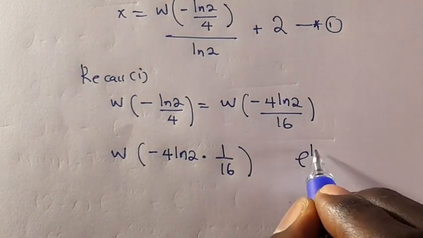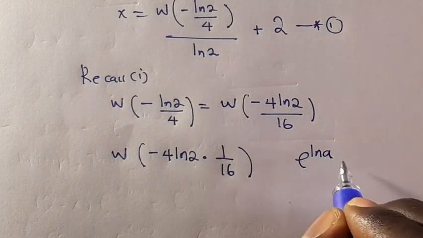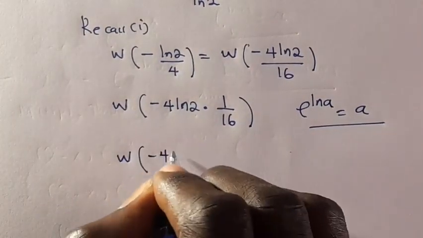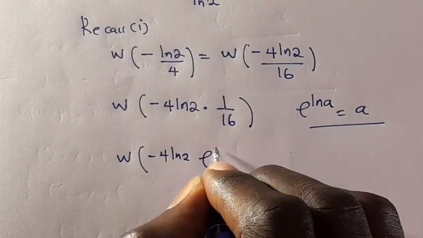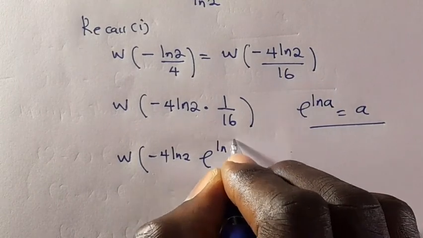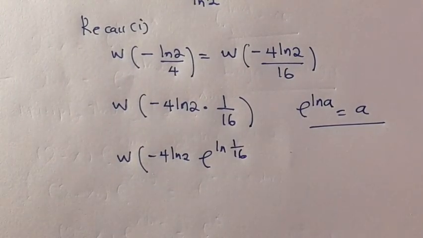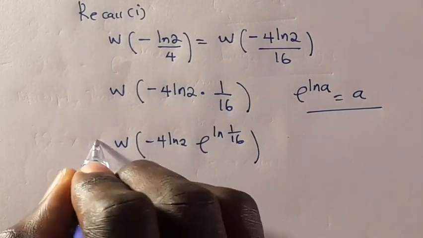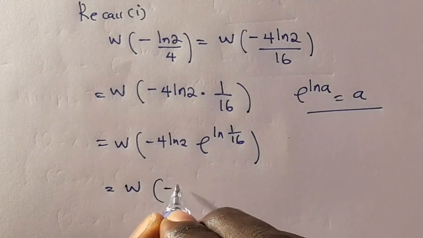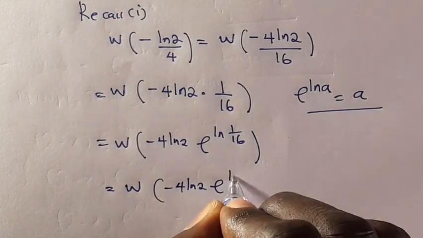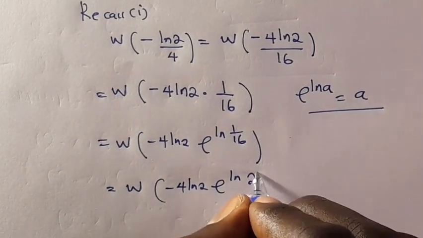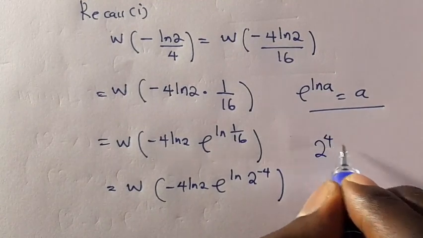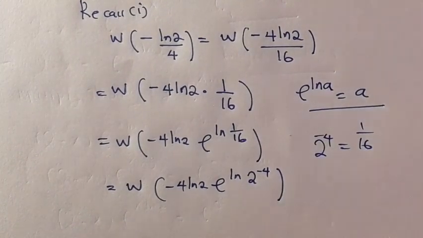Now, mind you that when you have e raised to power ln a, this equals a. So by applying it here, we can have this to be W of minus 4 ln2, then e raised to power ln of 1 divided by 16. We can have this to be 2 raised to power minus 4. 2 raised to power 4 equals 16, so when you introduce minus, it will be 1 divided by this.